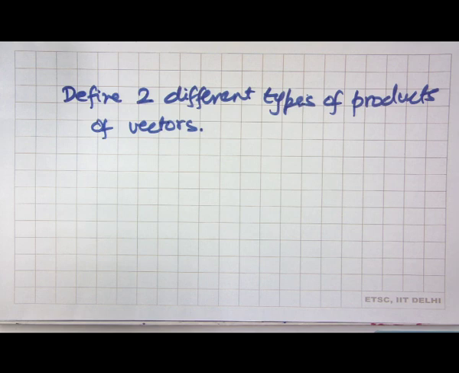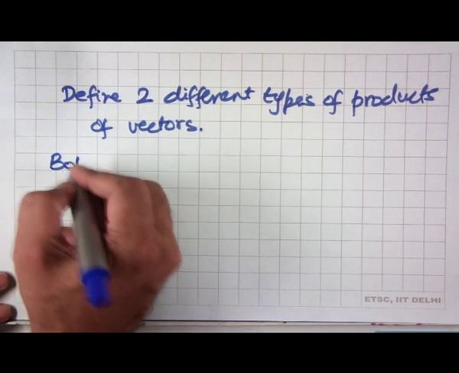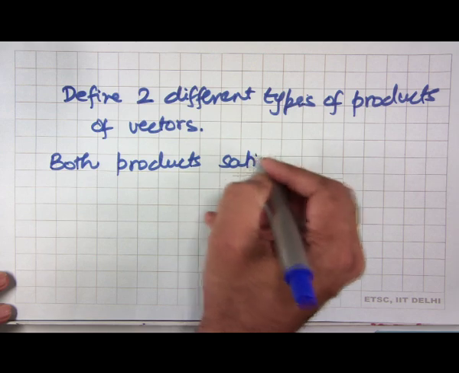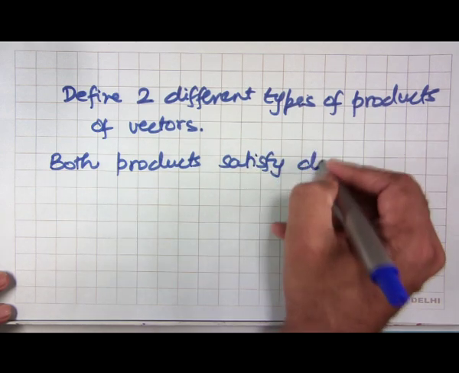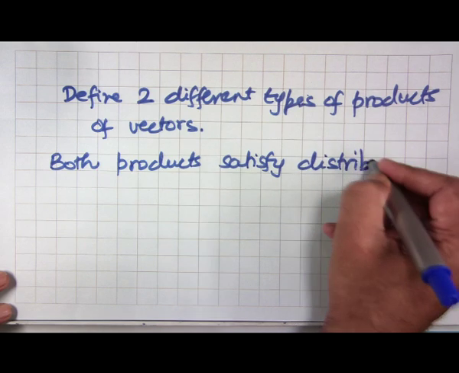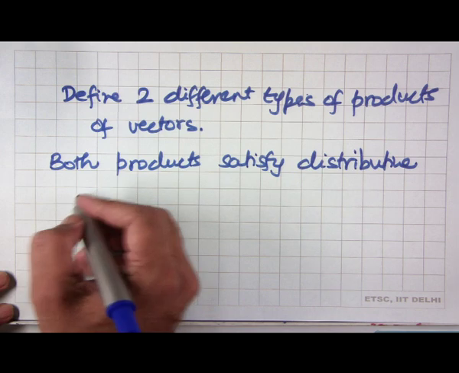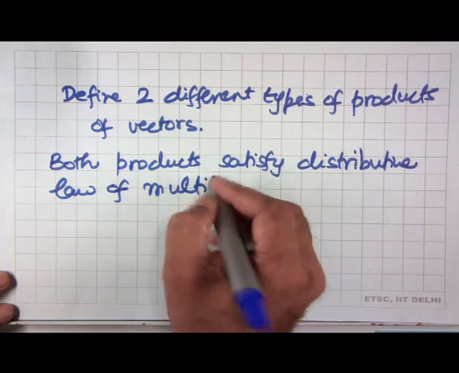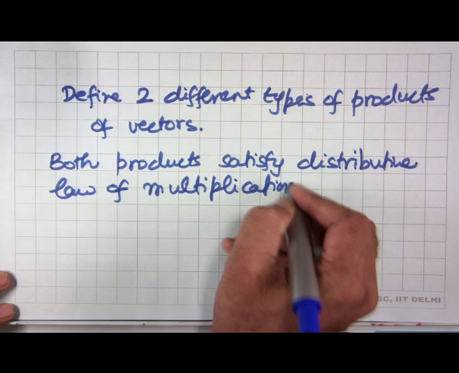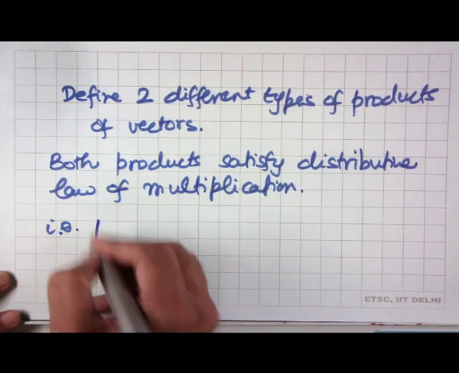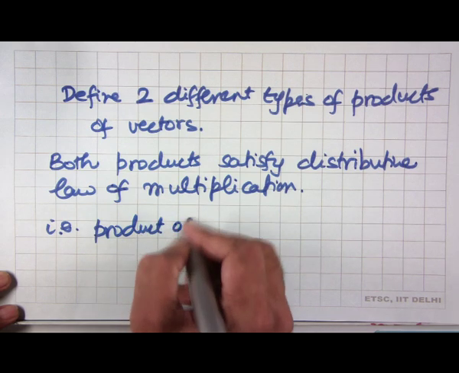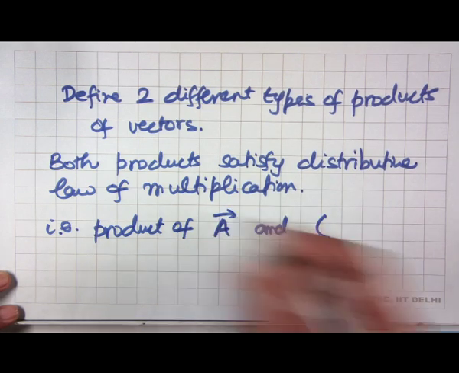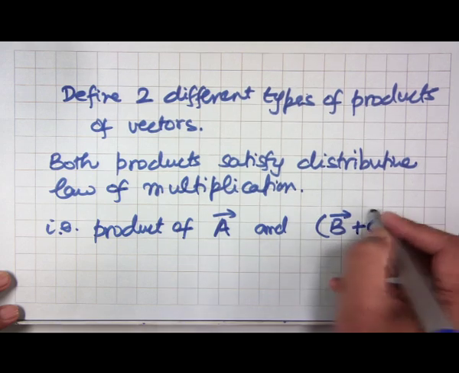And here what we will see is that both these products satisfy the distributive law of multiplication, that is, the product of A and (B plus C).